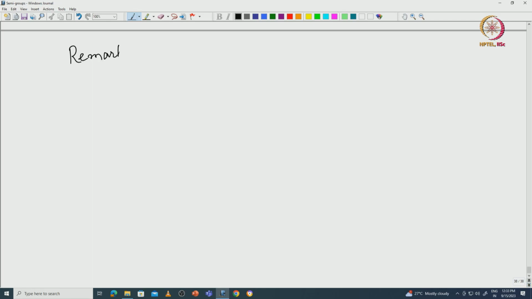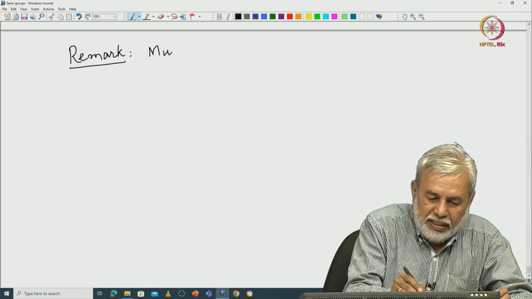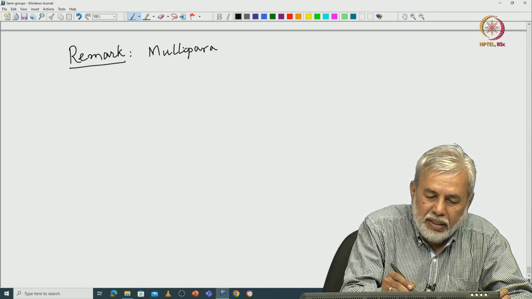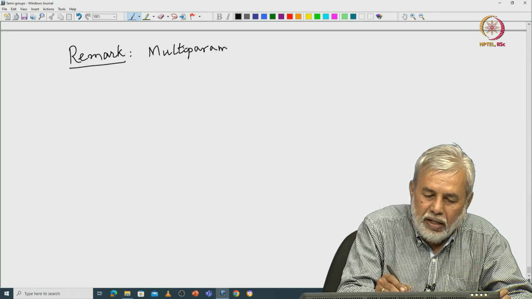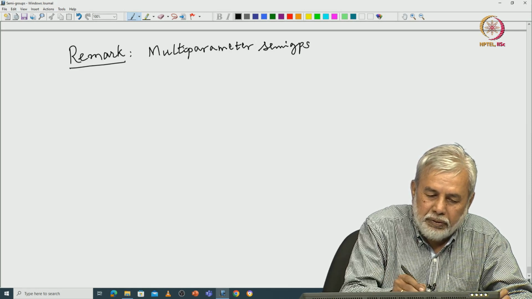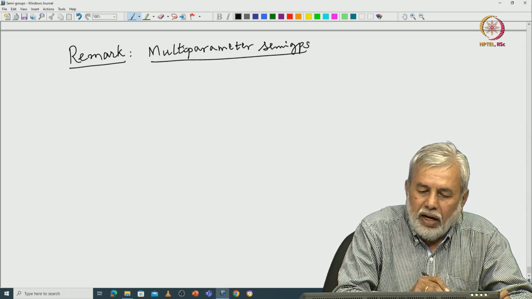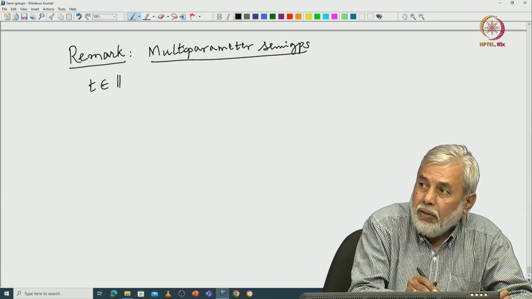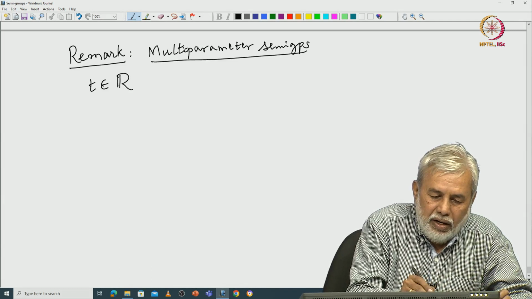I said this in the beginning. Okay, so this is multi-parameter semigroup, not a very difficult concept, and similarly multi-parameter groups. So now this t is in R^n_+.